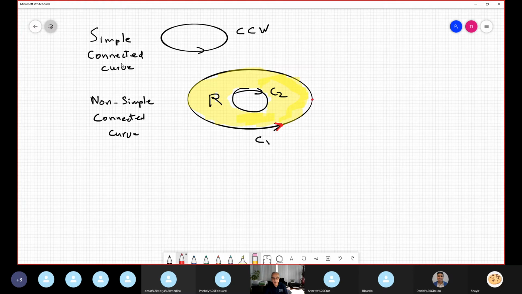However, at one arbitrary point, I change the direction inside. Okay, you travel now here clockwise. You travel now in the opposite direction, and exactly along the same segment.